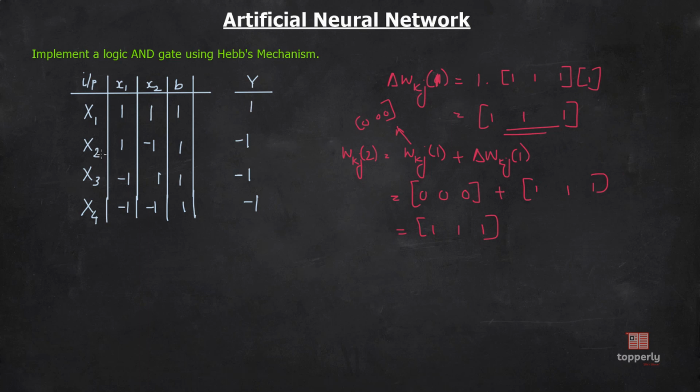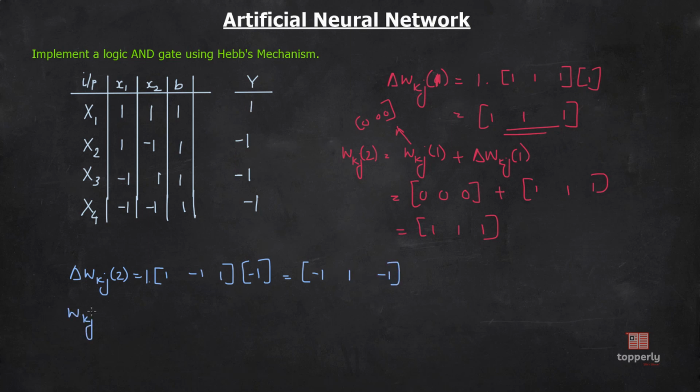Now, we will move on to the second input-output pair. Therefore, delta wkj of 2 is equal to, input vector is x2 equal to 1, minus 1, 1, and we have eta as 1, and the output vector is minus 1. Therefore, minus 1, we can write as minus 1, 1, minus 1.